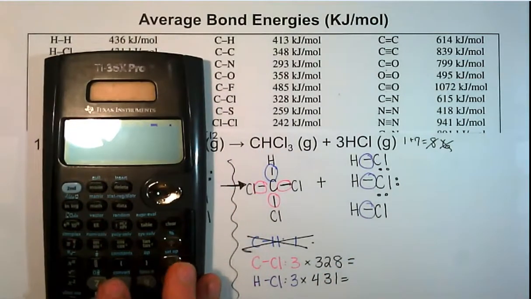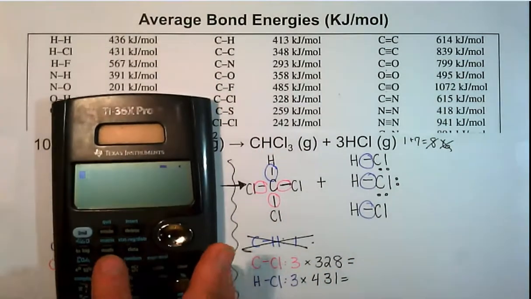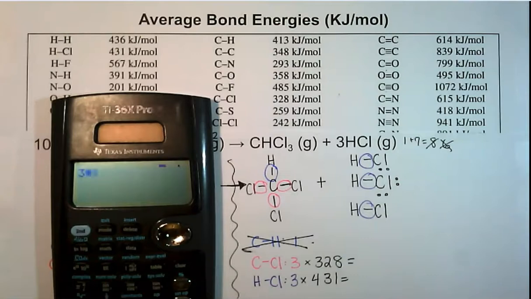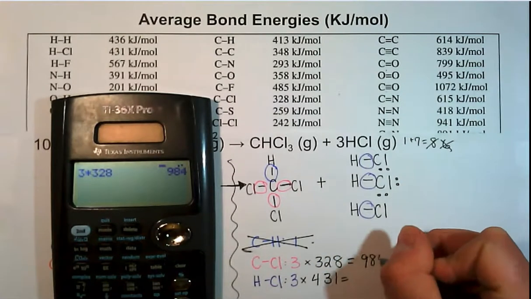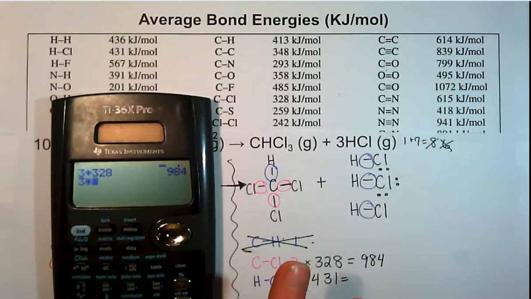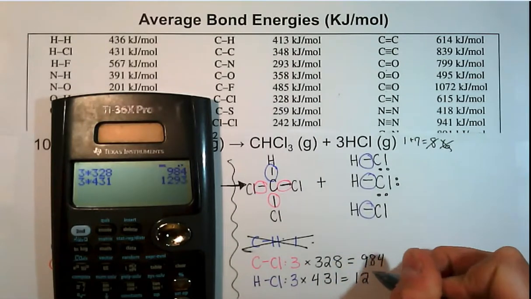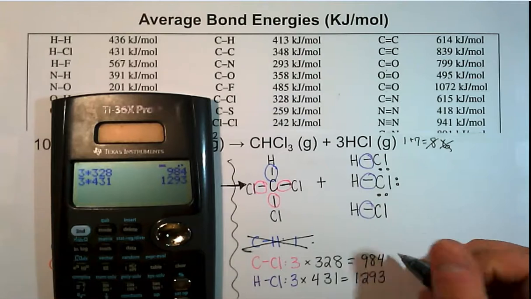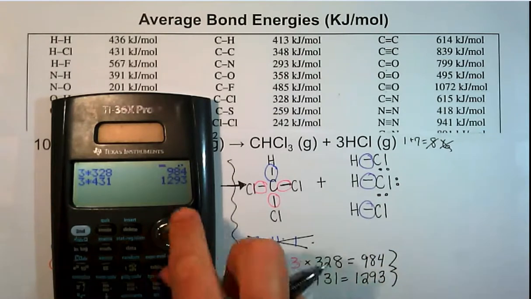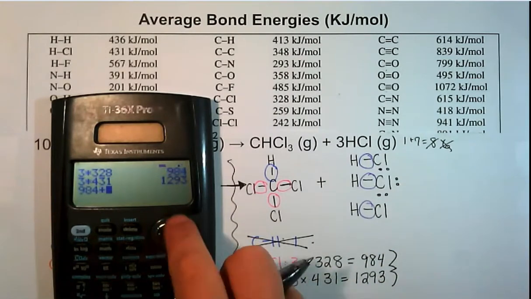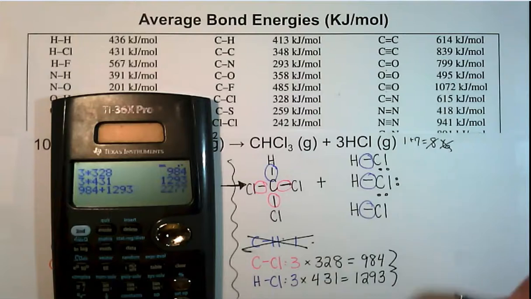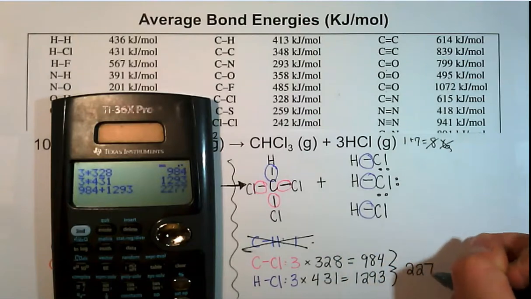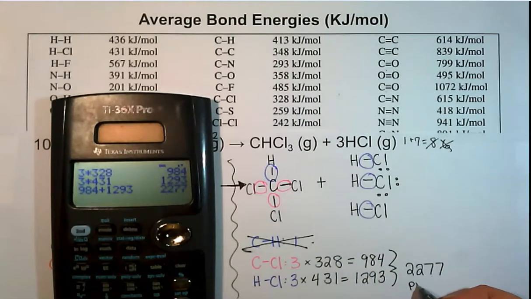Let's see here, getting our calculator out. 3 times 328 gives us 984. And then 3 times 431 gives us 1293. If we add those two values together, we get 2277. So there's our products.